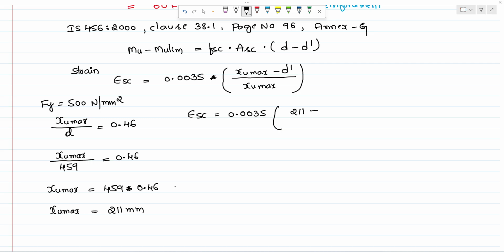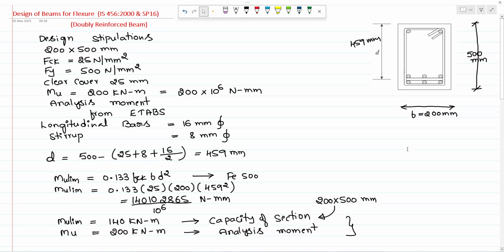You are calculating the compression reinforcement. Your d dash is the distance from the concrete face to the compression reinforcement centroid.